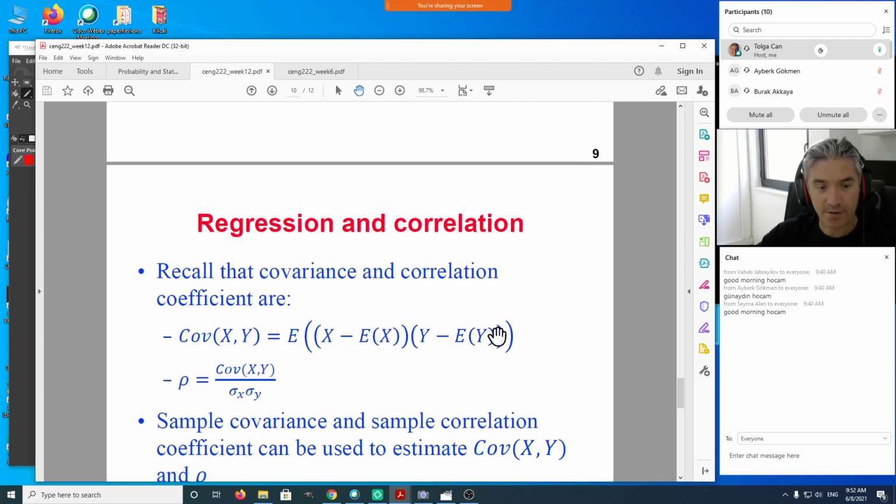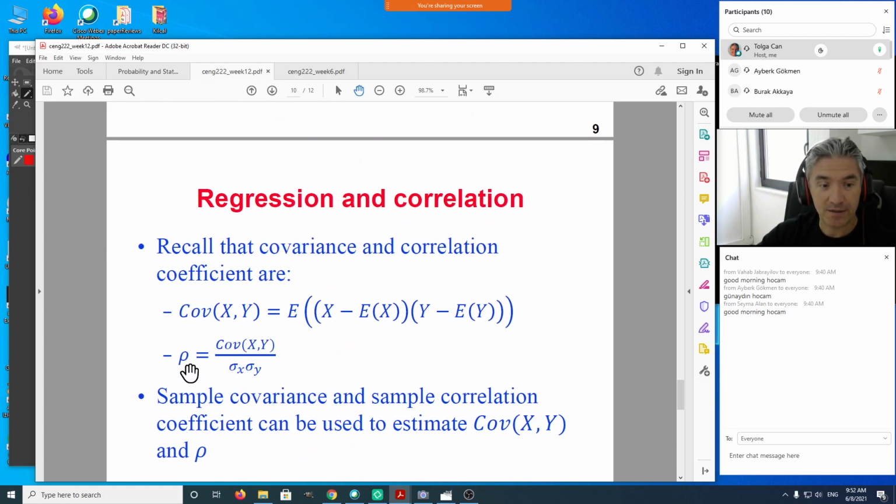So here is how they are related. If you remember what the correlation coefficient was, the covariance was directly this, and the correlation coefficient was the covariance divided by the individual standard deviations, which was always between -1 and 1. The correlation coefficient tells us how strongly two variables are related.